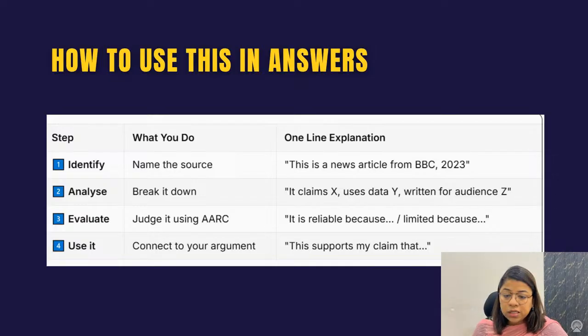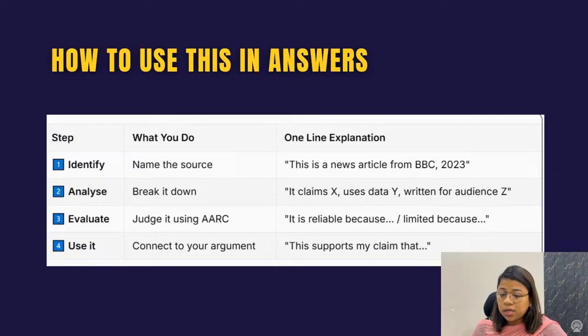The first step is name the source. Like, this is a news article from BBC 2023. Then you will analyze. Analyze means either explaining it or breaking it down.